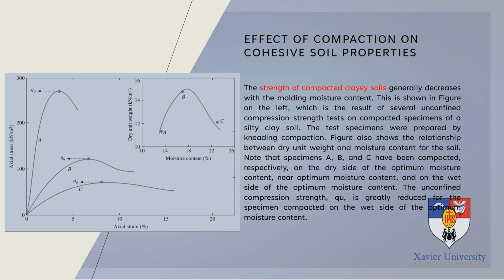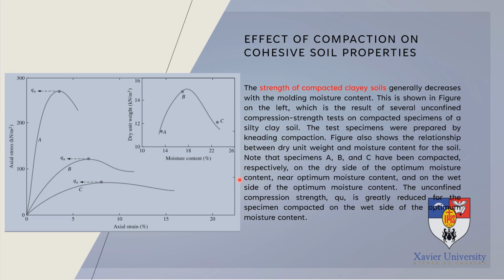So the strength of compacted clayey soils generally decreases with the molding moisture content. This is shown in the figure on the left, which is the result of several unconfined compression strength tests on compacted specimens of a silty clay soil. The test specimens were prepared by kneading compaction. The figure also shows the relationship between dry unit weight and moisture content for the soil.